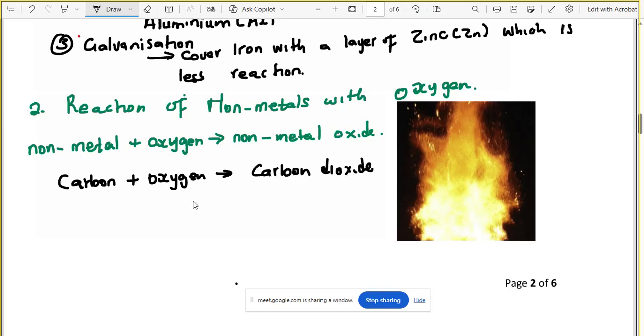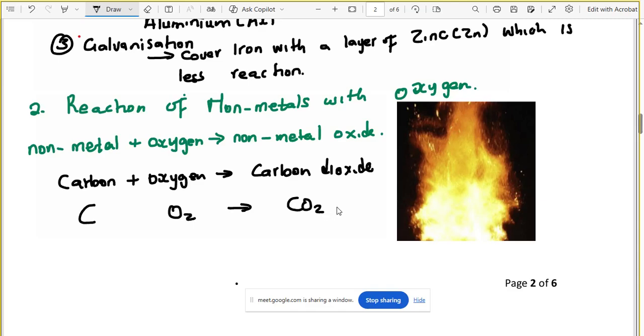Please, we are not playing here. It can feel like we are playing, but you'll see when you do past paper questions that we are collecting a lot of marks. So I need you to pay attention to this. Carbon, and then we have oxygen, and then it gives us what?